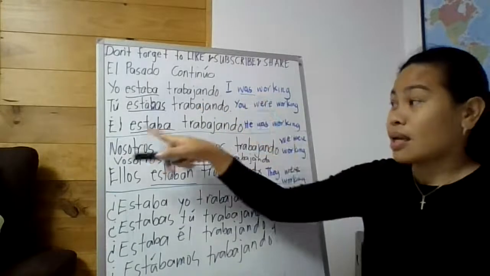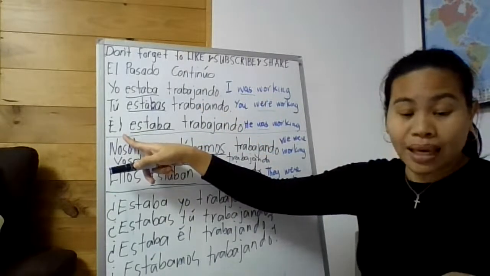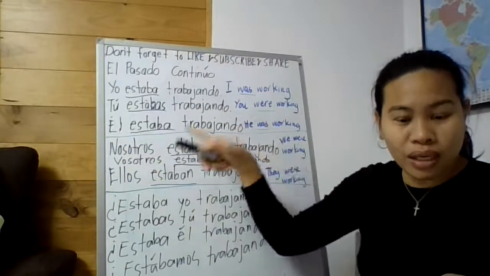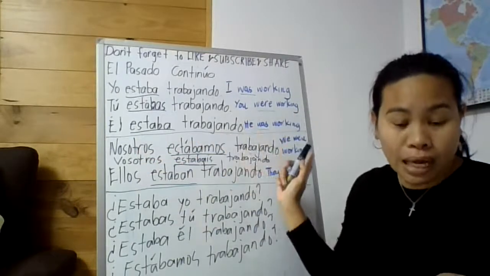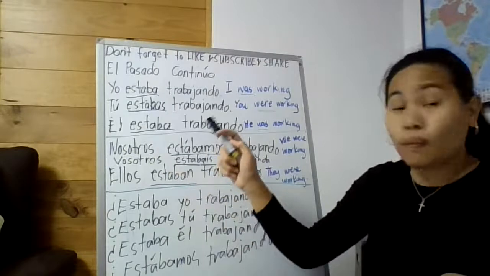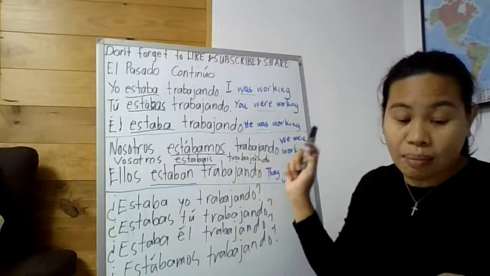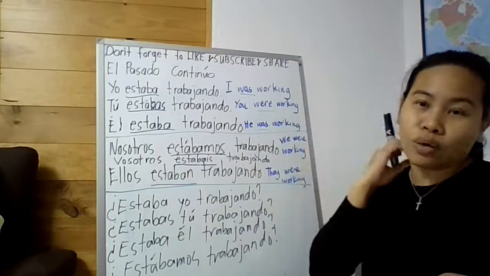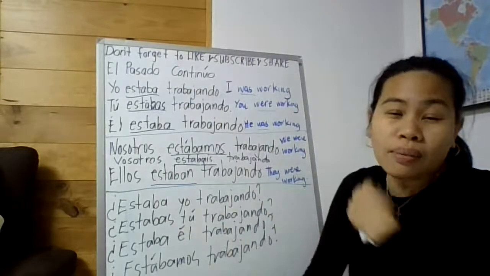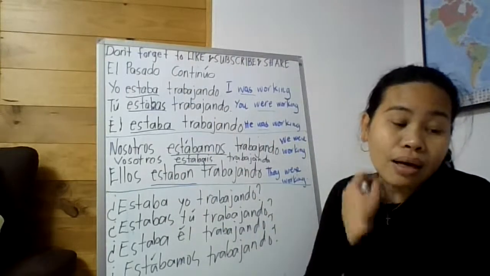He is working: él está trabajando. Nosotros estamos trabajando. And then vosotros o vosotras estáis trabajando. Ellos o ellas están trabajando. If we are going to use the present verb.